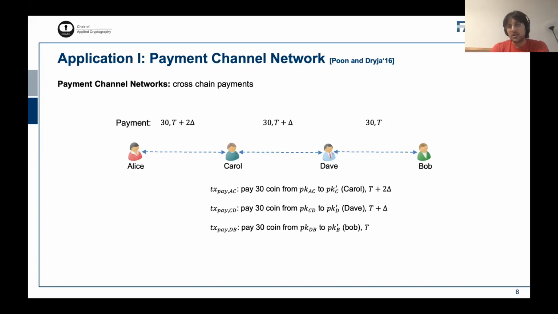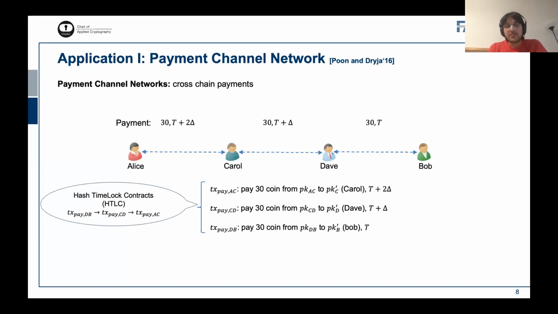So we want to ensure that no intermediate user loses money in this process. So you set the expiry times in this iterative fashion: Dave and Bob have T, Carol and Dave have T plus delta, and Alice and Carol have T plus 2 delta. So there's this delta gap in the time. And usually these payment transactions are realized through what are called hash time lock contracts.